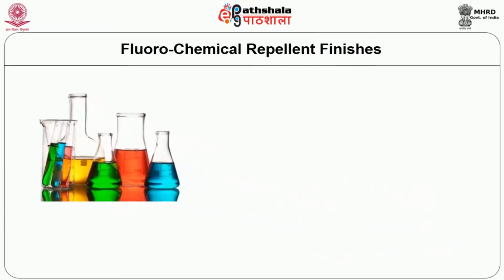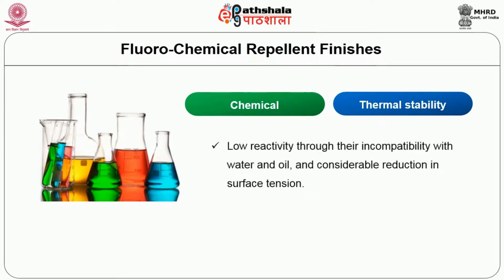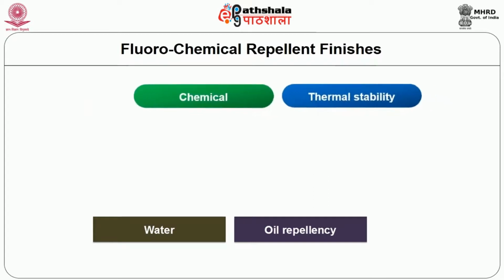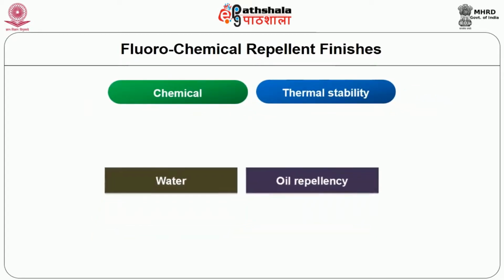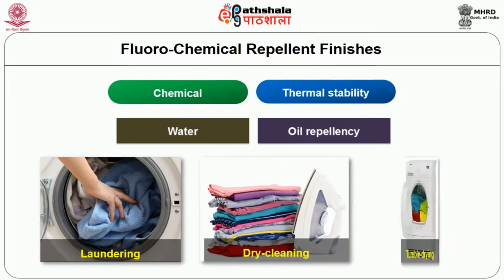Fluorochemicals exhibit outstanding chemical and thermal stability, low reactivity, incompatibility with water and oil, and considerable reduction in surface tension. It is this latter property which is of particular importance in the context of water and oil repellency, while their chemical and thermal stability contribute towards the durability of the surface finish to fabric care treatments such as laundering, dry cleaning and tumble drying.